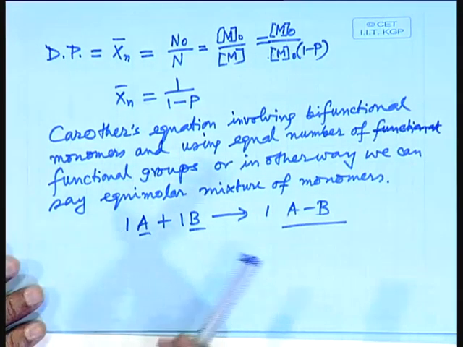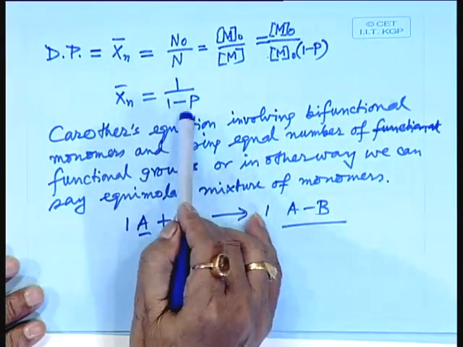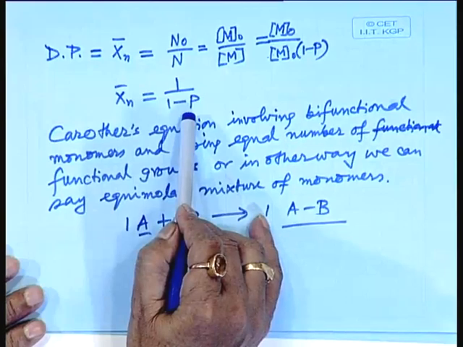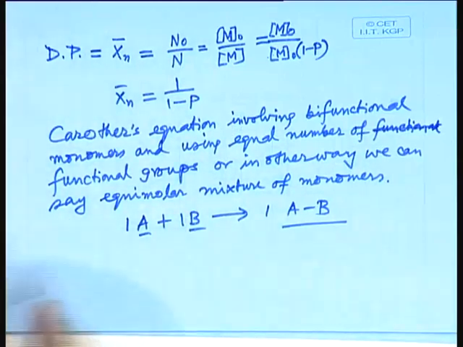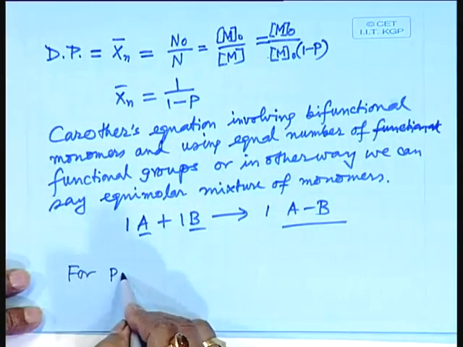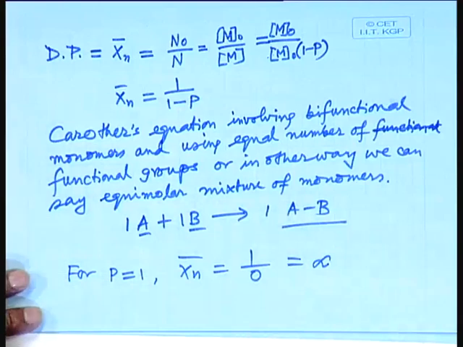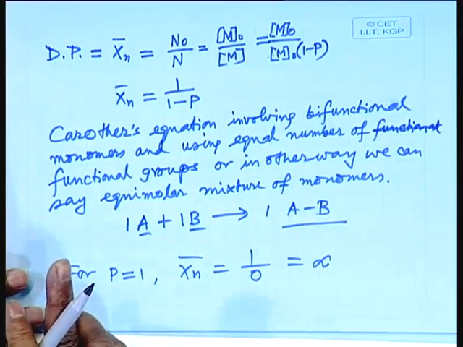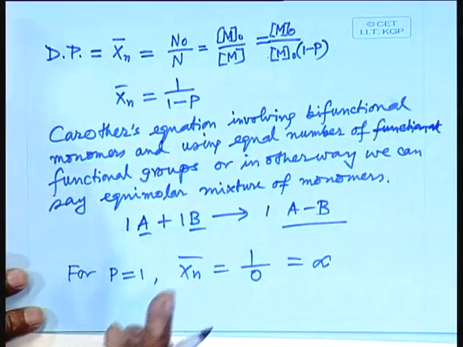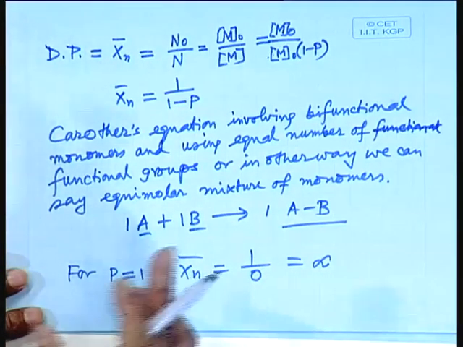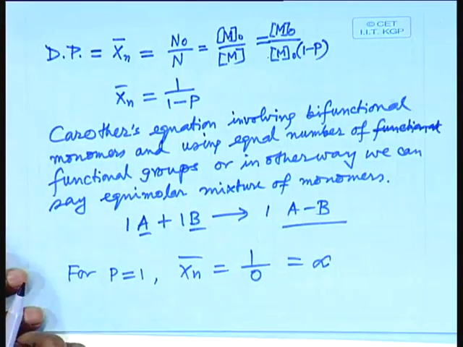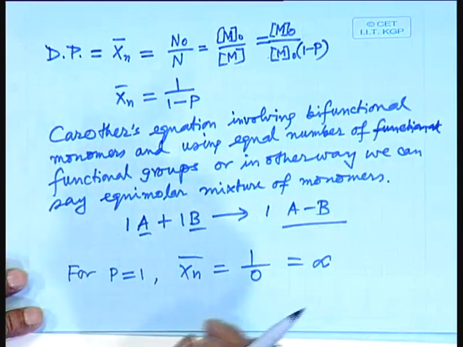Now, let us examine one thing. Here, 1 by 1 minus p: if p is equal to 1, meaning 100% reaction, then theoretically, if you take 100% pure monomers with strict control of molar ratio, stoichiometry, it should lead to a molecular size of infinite molecular weight.